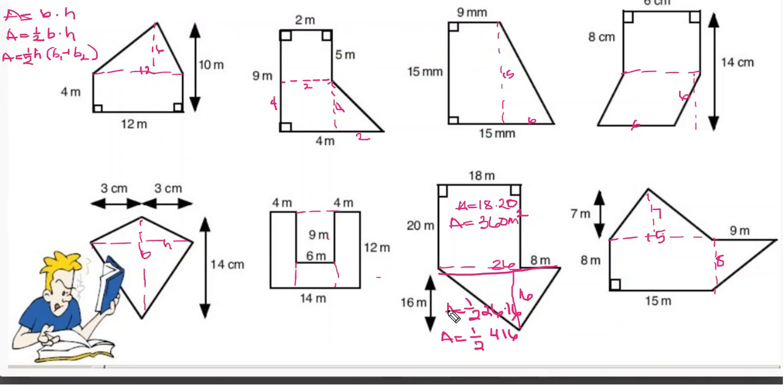And that gives me, well, if I had been thinking, I would have done that in my head. Duh. All right. So we have A is equal to 208 meters squared. And then I would just add these two together, right? 360 plus 208. I would get a total area of 568.